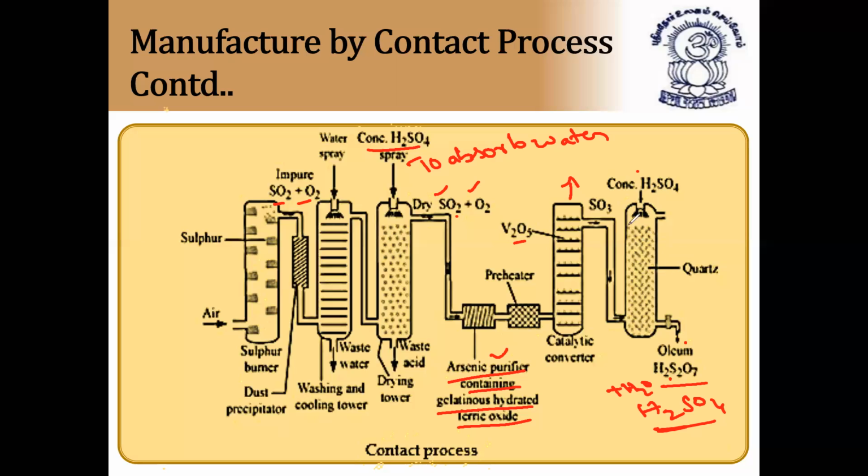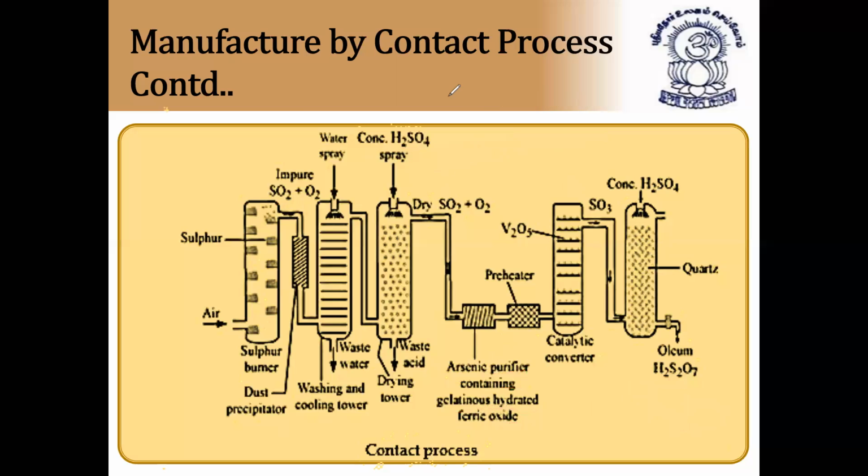This is quartz glass, and from the top we'll be spraying concentrated sulfuric acid, so that it forms oleum, and finally this oleum changes to sulfuric acid. So this is called preparation of sulfuric acid by the contact process. This process is very important. They'll ask questions in the examination based on this.